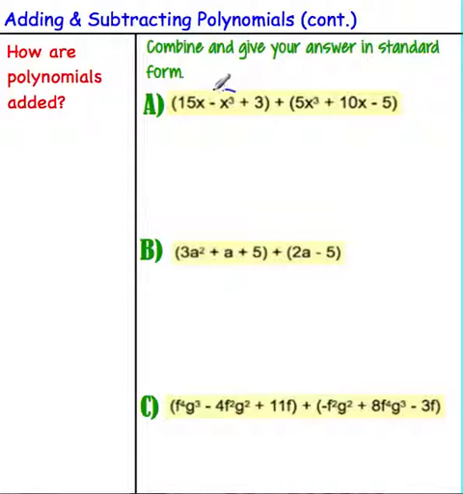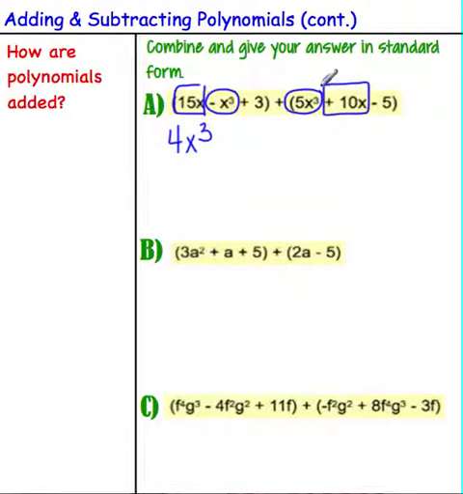So first I look at negative x to the third and 5x to the third. The reason why I'm looking at these first is because the power is highest. So a negative 1 plus a 5 is 4x to the third. And then I have 15x. Notice I'm making boxes now, so it's different. You can also use color if you wish.